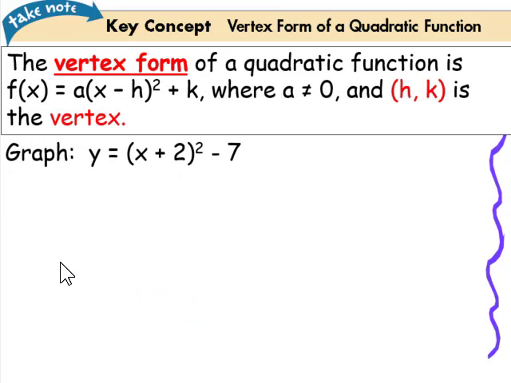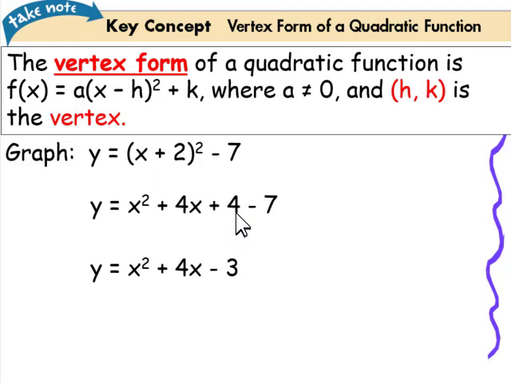When graphing using vertex form, if you want to go back to how we graphed it before, you could, but I wouldn't see why, especially when it's already in vertex form. We can multiply this out. And on our do now, we went over how to square a binomial. We can just add our like terms. Negative 7 is a minus 3.